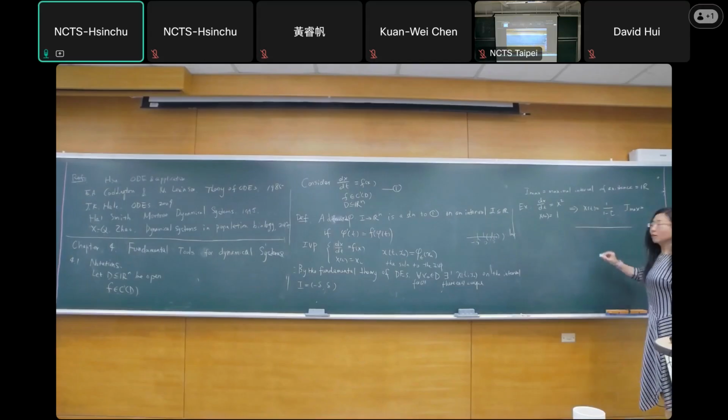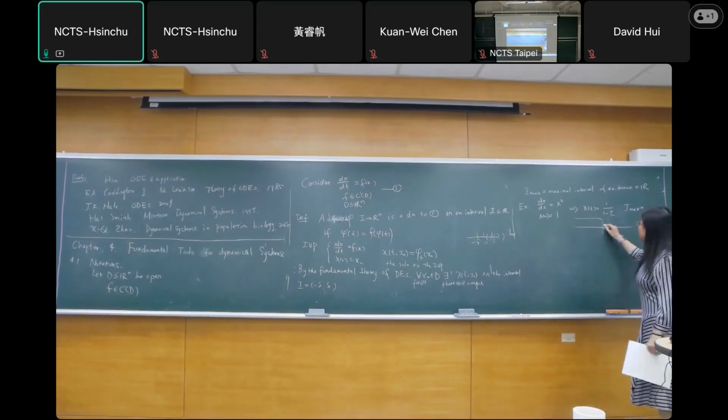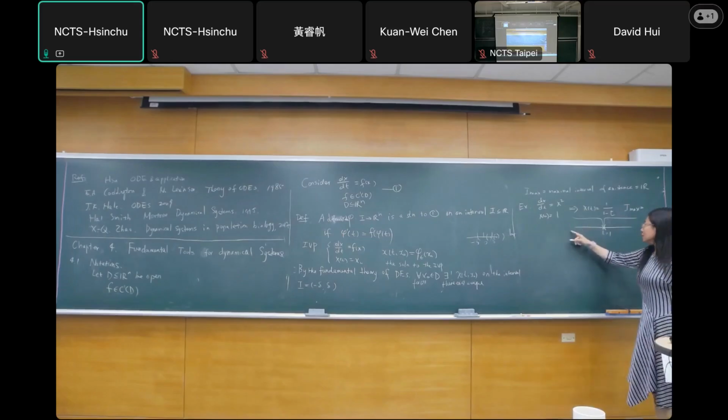So on the real line you have to rule out the point t = 1. That gives two possible domains: minus infinity to 1, and 1 to infinity.